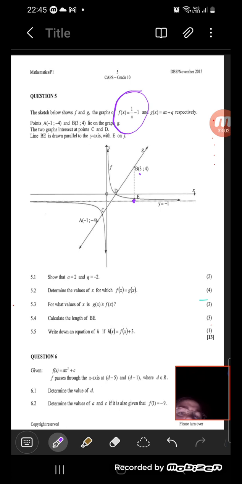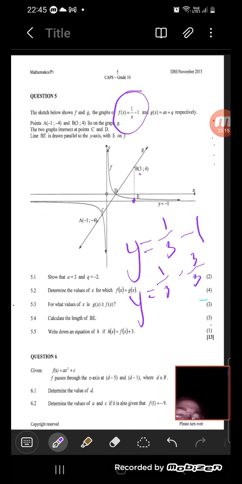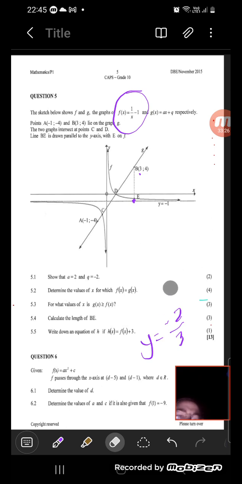So y is equal to 1 over x minus 1, 1 over 3 minus 1. To make sure you don't make a mistake, you can say 1 over 3 minus 3 over 3. And you can say y is equal to 1 minus 3 is minus 2 over 3. Okay, so y is equal to minus 2 over 3.